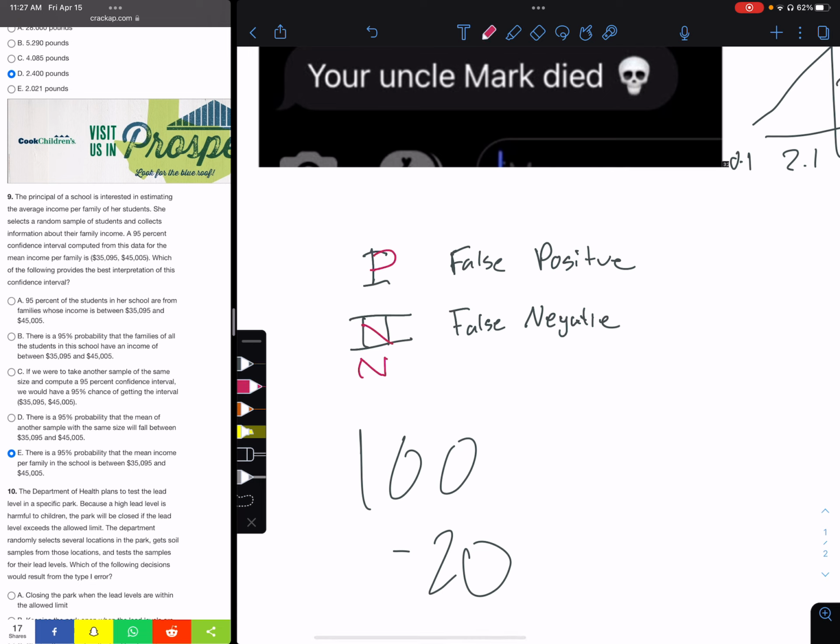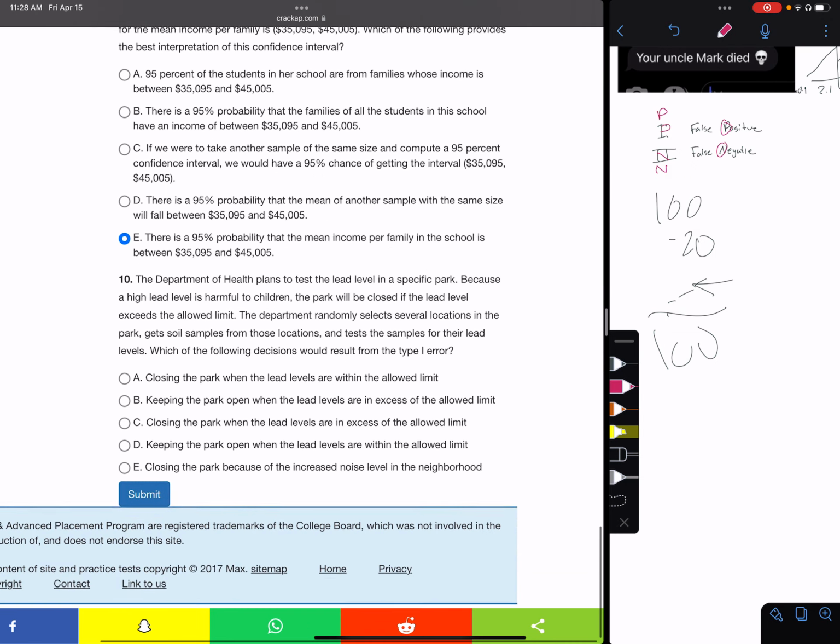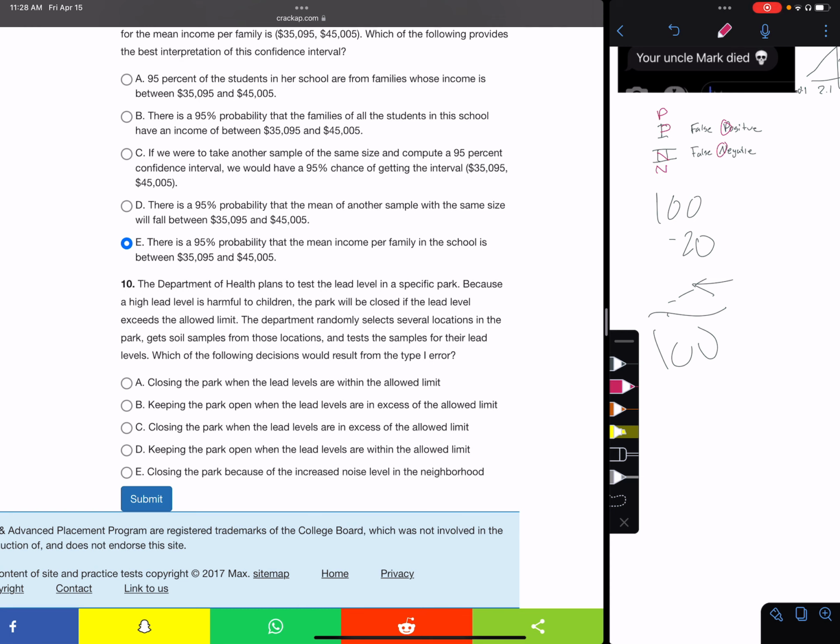This becomes an N, and this becomes a P. So what we're essentially doing is that the false positive is where you accept it, but it's actually wrong. And the false negative is where you deny it, but it's actually correct.